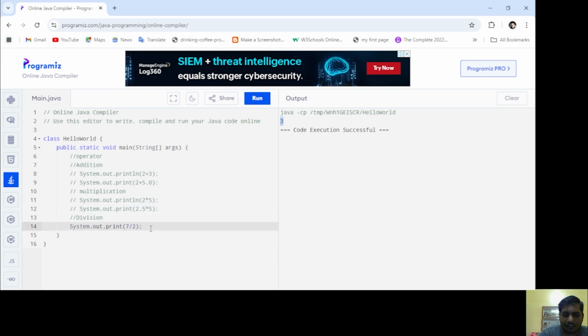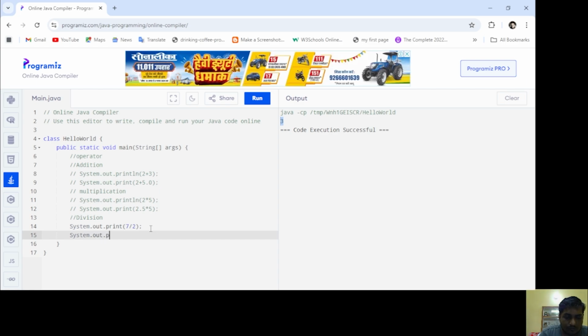If you do another operation with system.out.println, I will do 2 divided by 3. What will be the result? It will give 0.